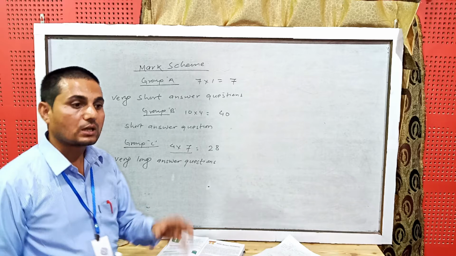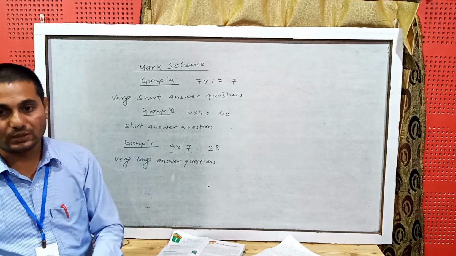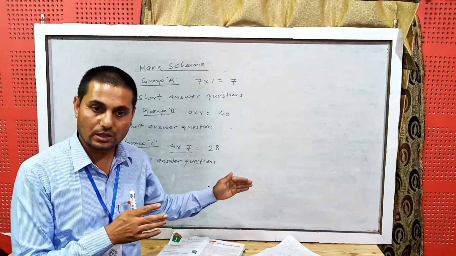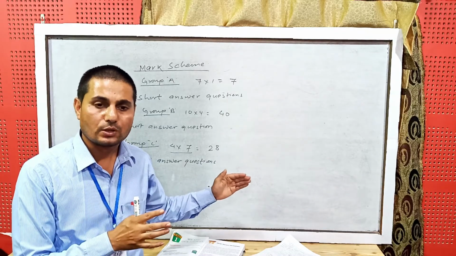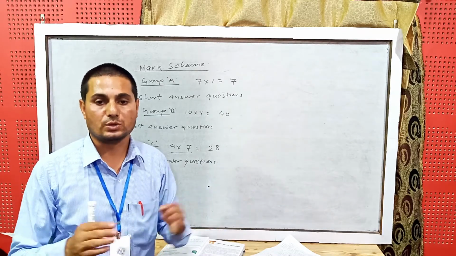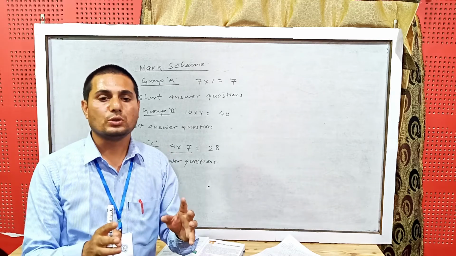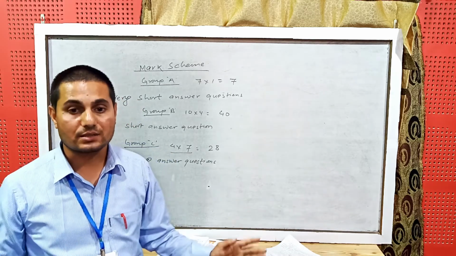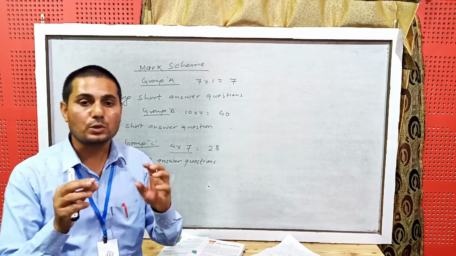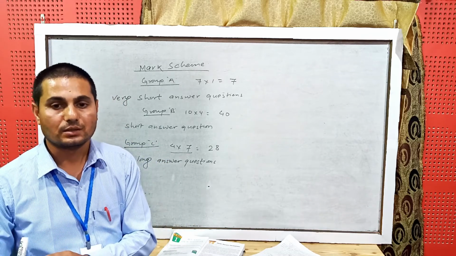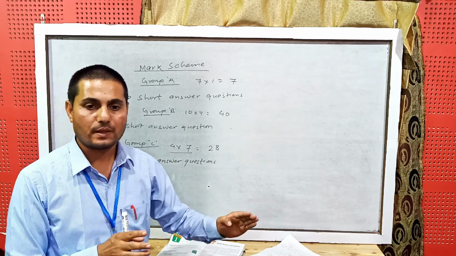And after the completion of Group C, you are requested to come to Group B to solve the short answer questions. And I don't ask you to write very elaborate answers there. I request you to write very short and sweet answers. You need to manage the time.